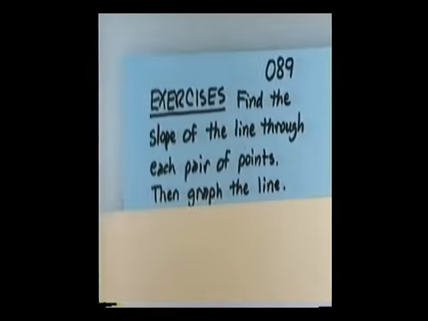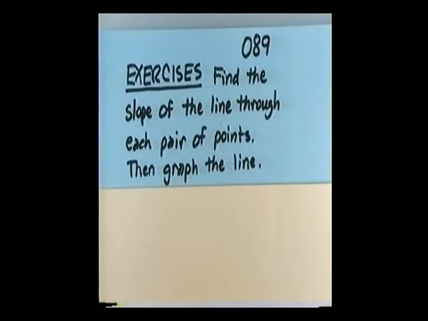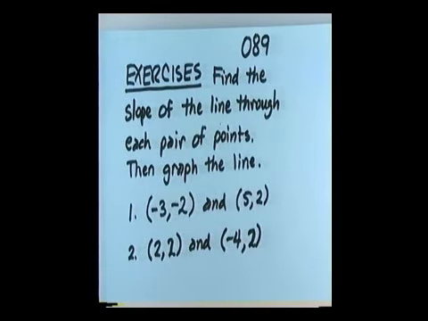Now let's do some exercises. I've given you 2 exercises. The directions are: find the slope of the line through each pair of points, then graph the line. The 2 pairs of points are the following.